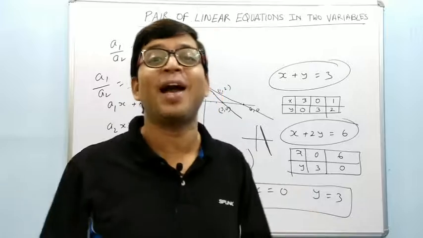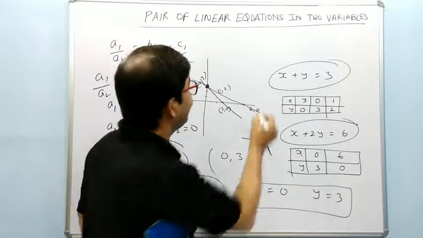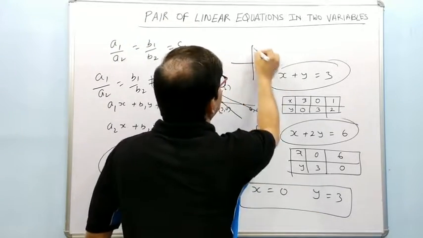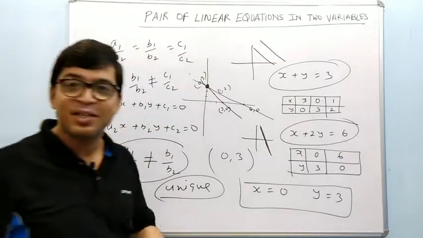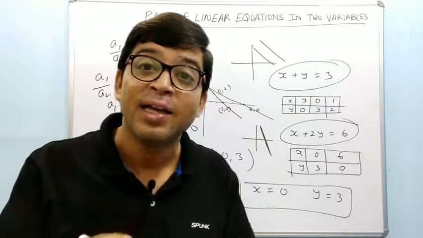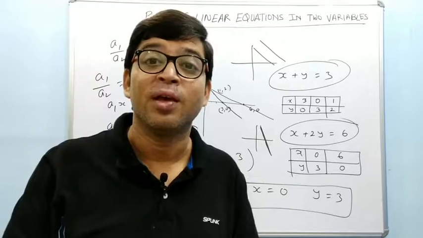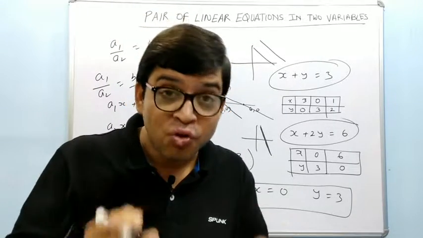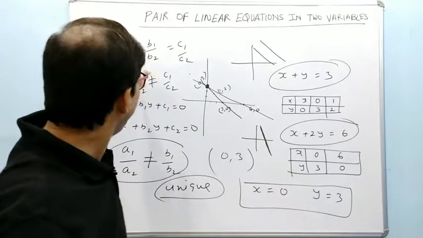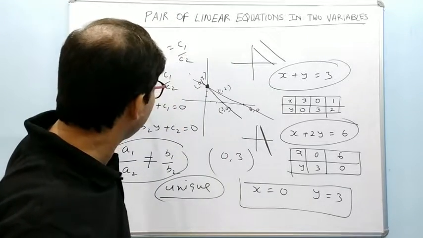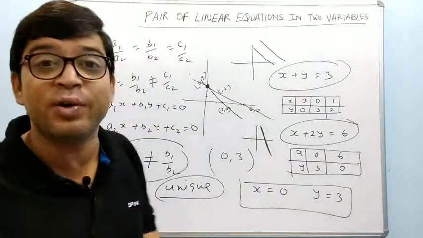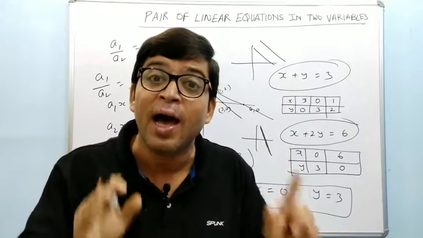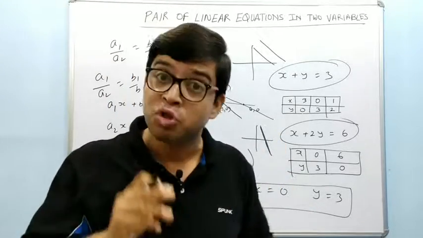If the lines are parallel, very easy. Lines are like this, these parallel lines, they won't cut each other anywhere. If they are not cutting, no solution. So if the form is in this way, a1 by a2 is equal to b1 by b2 is not equal to c1 by c2, no solution, and the lines are parallel.